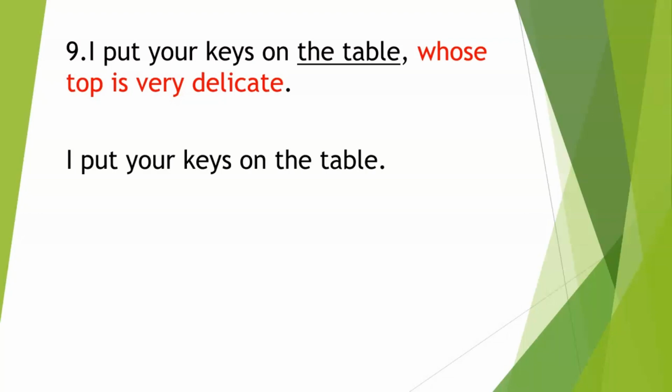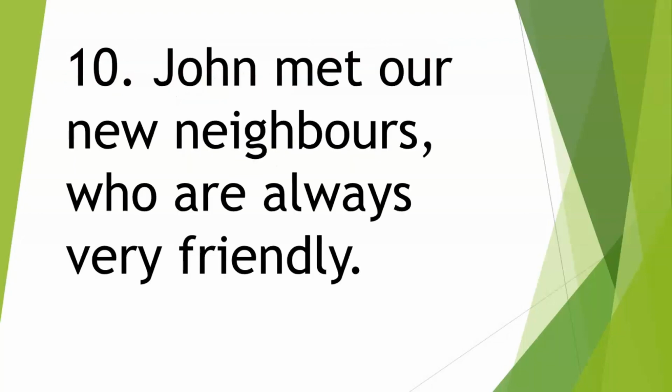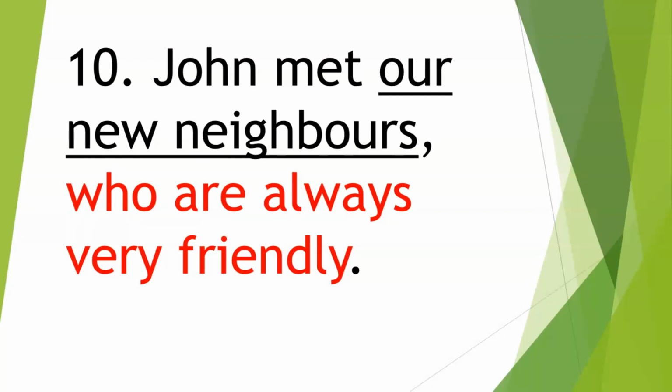Let's take a look at one more example, everyone. Number 10. John met our new neighbors who are always very friendly. Your clause is who are always very friendly, and the noun is our new neighbors.